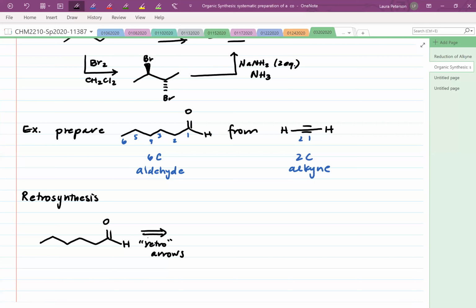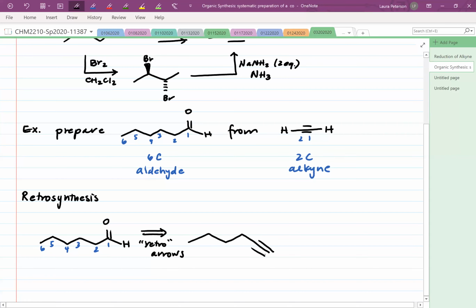Okay, so in this case, it would make sense to probably stick with hydration of an alkyne, because an alkyne is our starting material that we're using here. So let's think about what alkyne starting material I would need to directly give me that product. I have a 6-carbon chain. So if I had a terminal alkyne between carbon 1 and 2, that would be the alkyne I needed to perform that hydration.